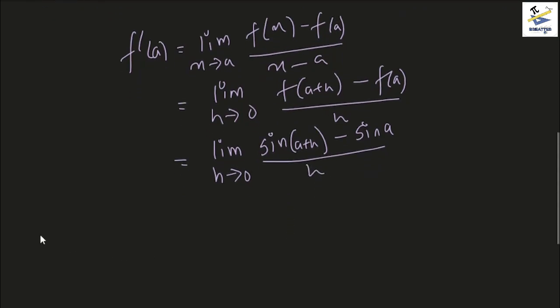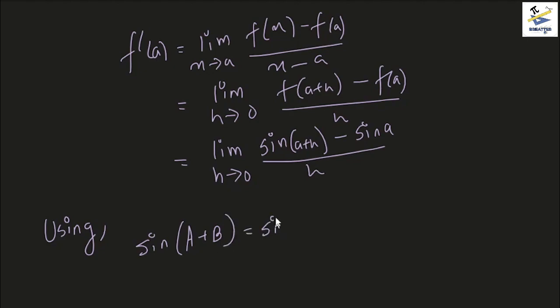Now we can use the formula for compound angles, that is, we can add and subtract angles inside sine, and we can also expand them. So we can use the formula sine of a plus b equals to sine a cos b plus sine b cos a.